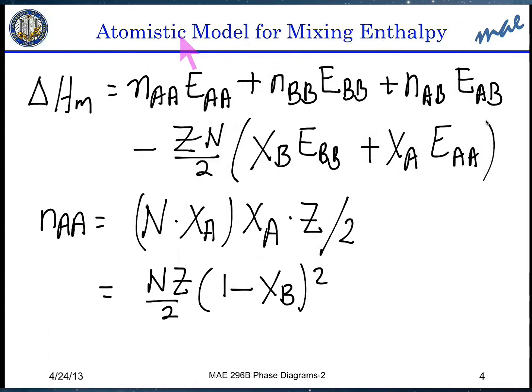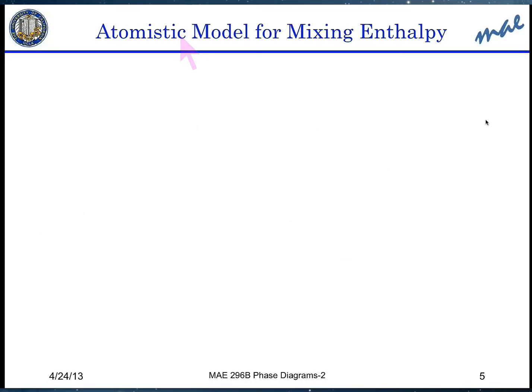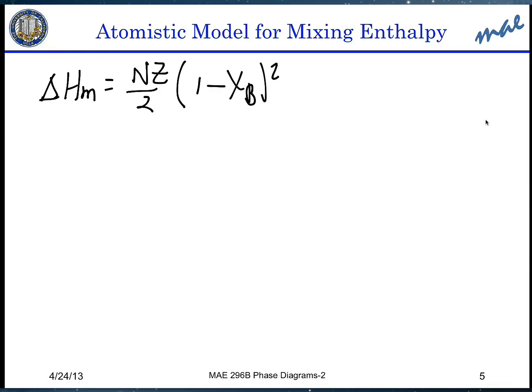So if we do that, then the next line, we will write now the delta H mixing is equal to NZ over 2. It will be common to everything. And then I will have 1 minus X sub B squared times EAA. That's in the mixed state.